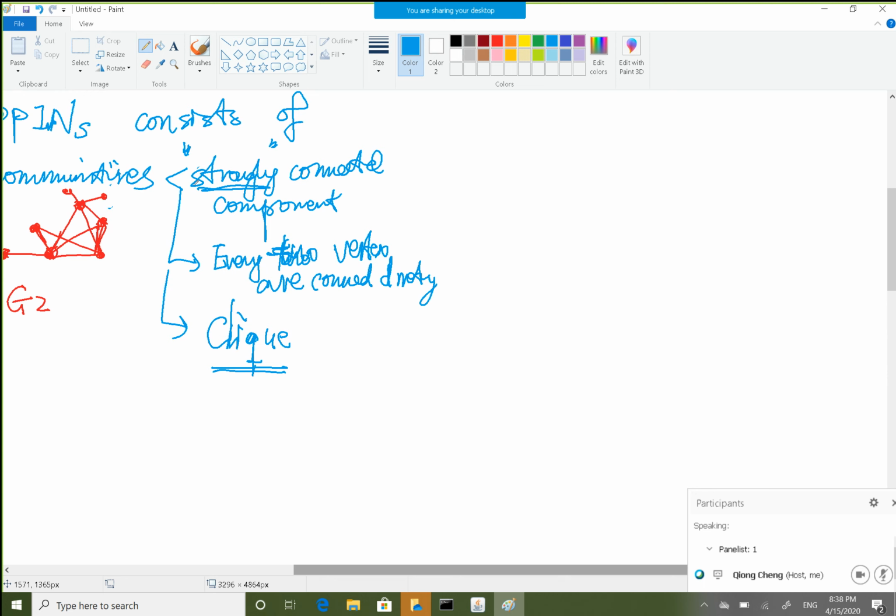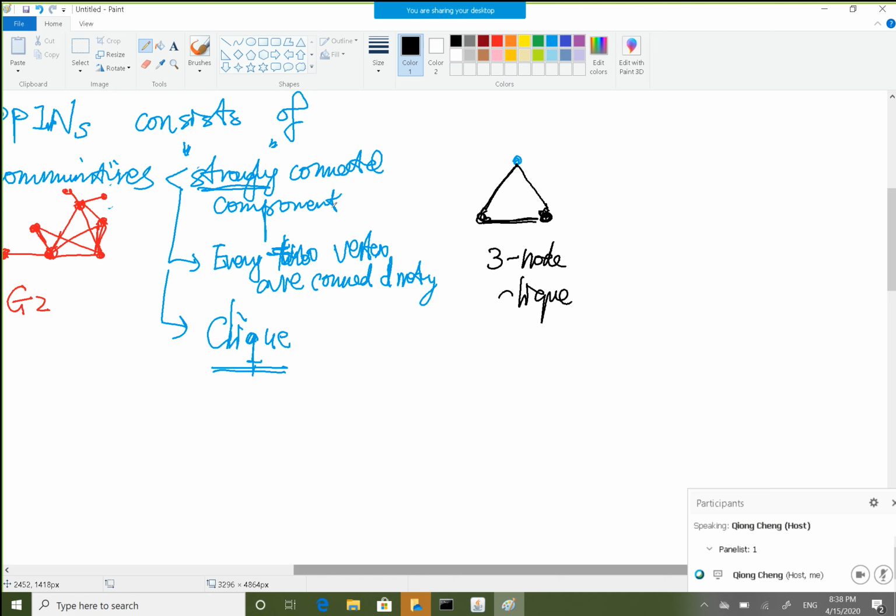Here we'll talk about community, right? So for example, if you have three nodes, corresponding to, for example, three people in a group, and every two people are friends to each other, this is called a three-node clique.